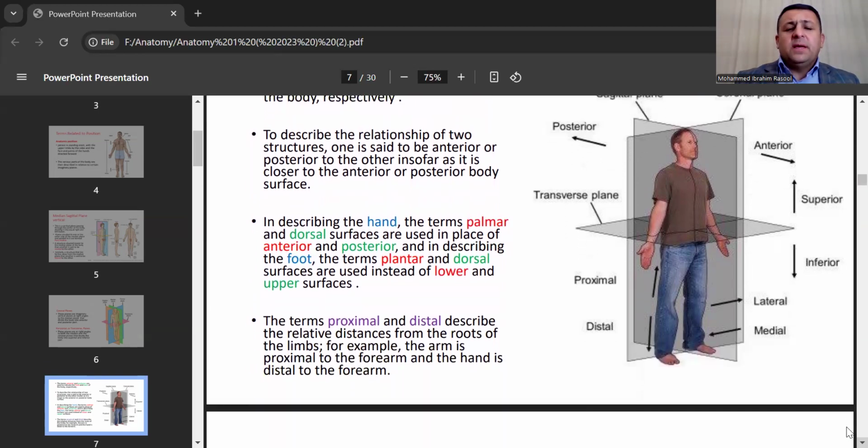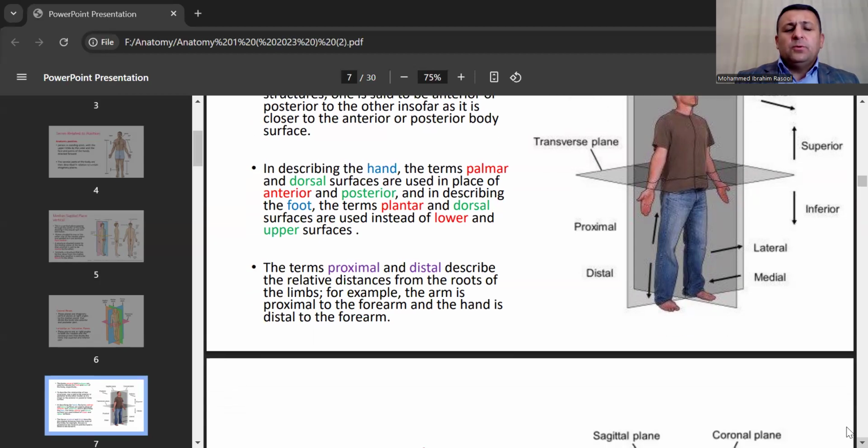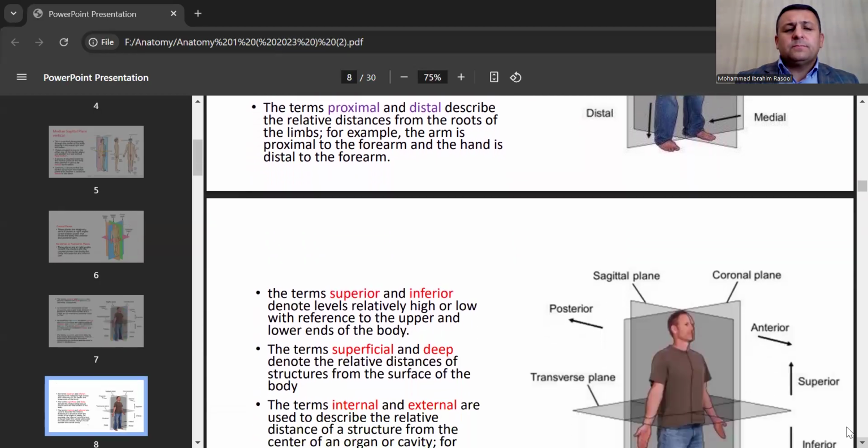In describing the hand, the terms palmar and dorsal surface are used in place of anterior and posterior. And in describing the foot, the terms plantar and dorsal surface are used instead of the lower and upper surface. The terms proximal and distal describe the relative distance from the root of the limb. For example, the arm is proximal to the forearm and the hand is distal to the forearm.